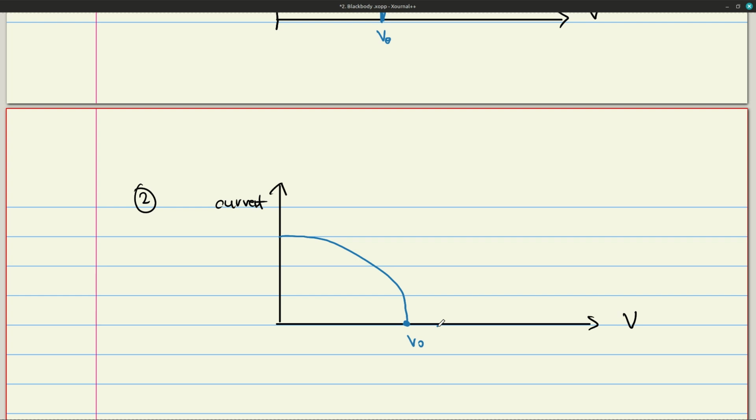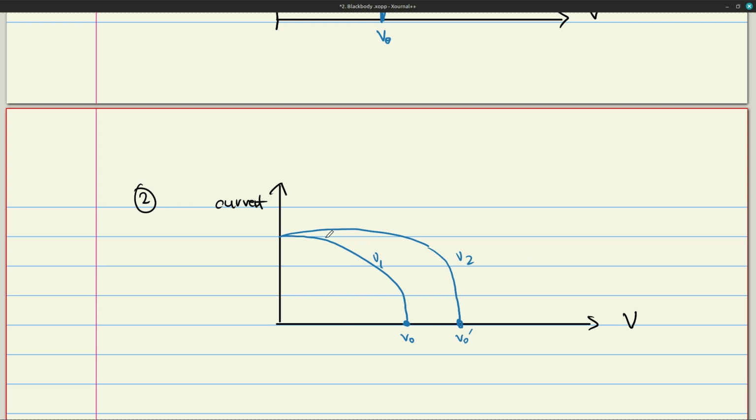And if I increase the frequency, okay, this is V1. Let me increase it a little bit, so V2. With the increased frequency, it seems like I require more stopping potential, right? So this is V naught, so this is V naught prime.